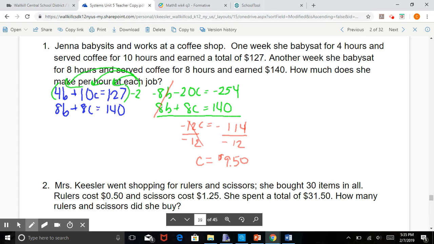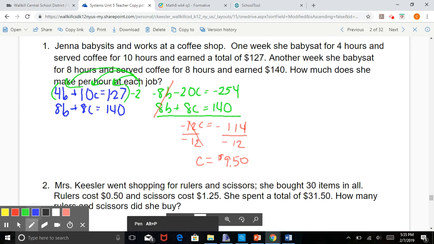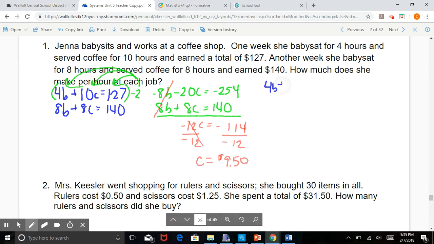Now we got to plug that in and solve for how much she makes for babysitting. So we go back to the original equation, 4B plus 10 times 9.50 equals 127. So that's 4B plus 95 equals 127.